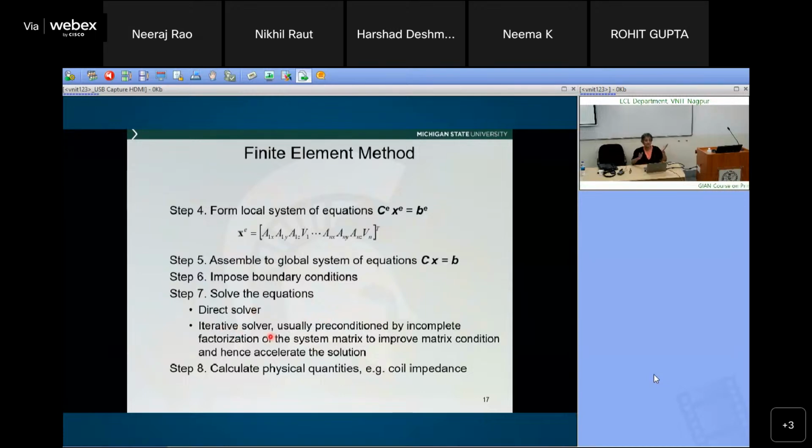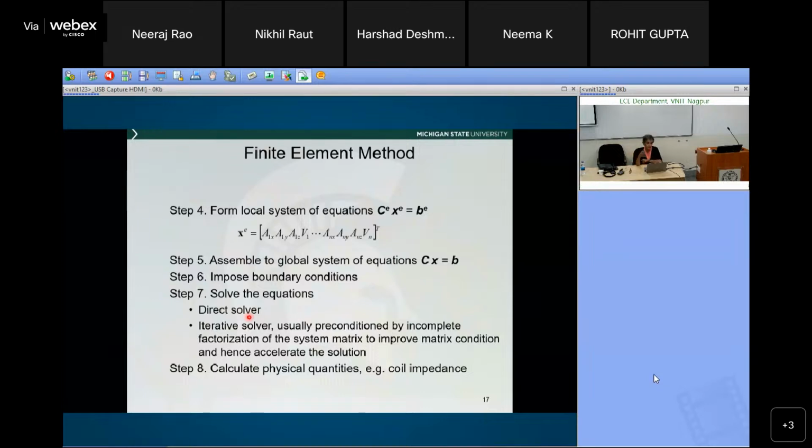Solving the equation is another big area of research. There are many libraries for a variety of methods for solving linear systems of equations. I think we have a semester-long course on just the solution of linear systems of equations. You can use a direct solver, the LU decomposition, Gaussian elimination, or Gauss-Seidel.